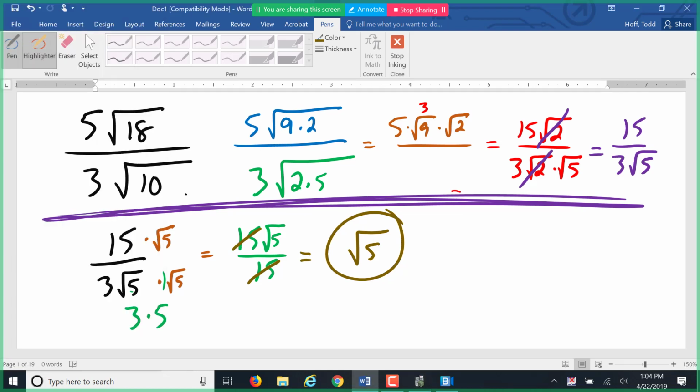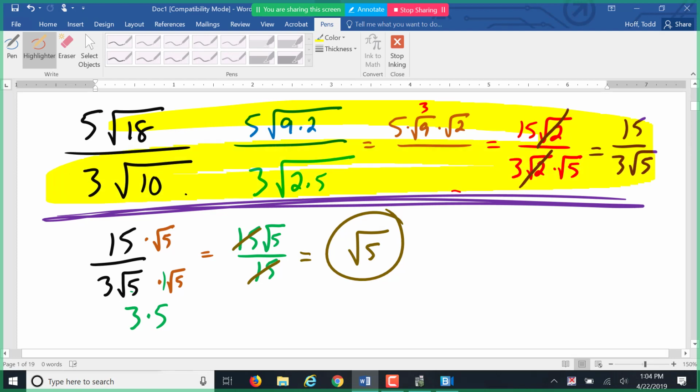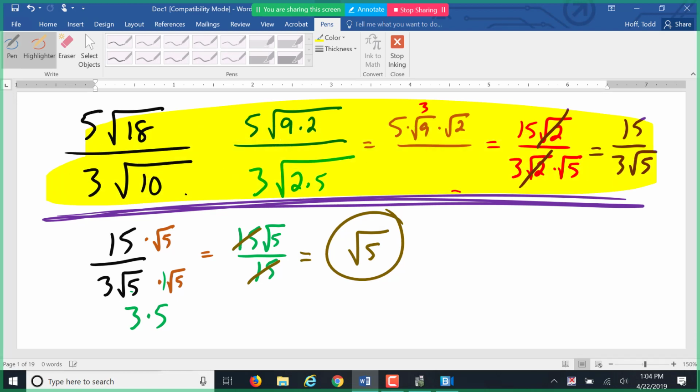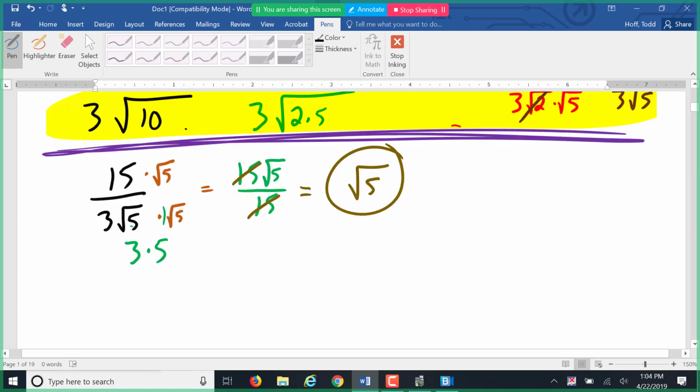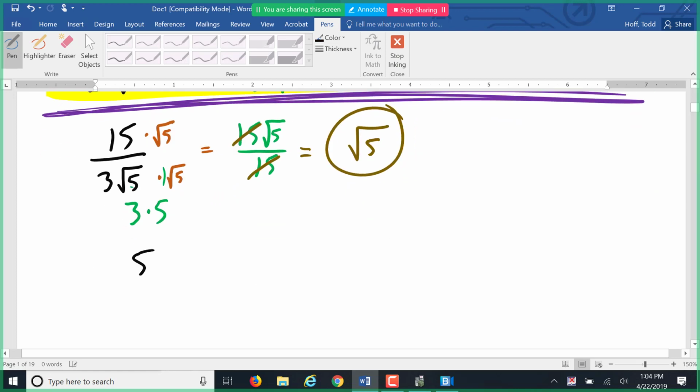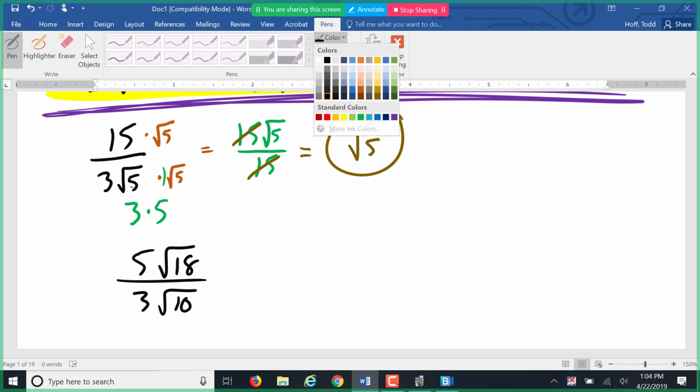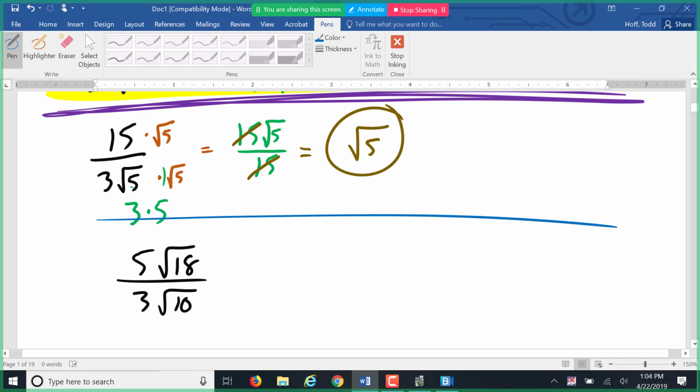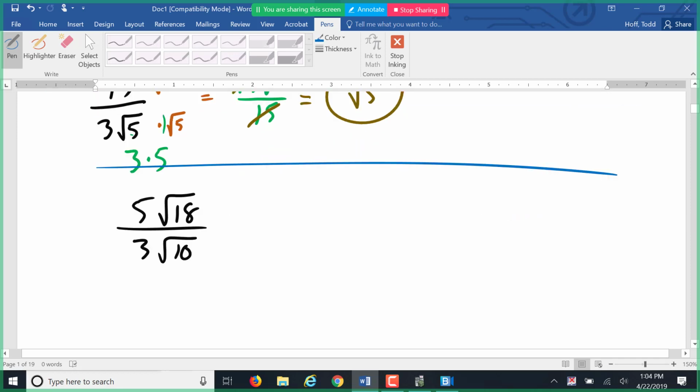Some of you might have been looking at this reducing I did up here thinking, wow, that's kind of tricky. I don't know if I would have seen that. If you hadn't seen that, would it still work out? And the answer is, yeah, it probably should. If you had just started out, instead of reducing everything, just multiplying by the square root of 10.